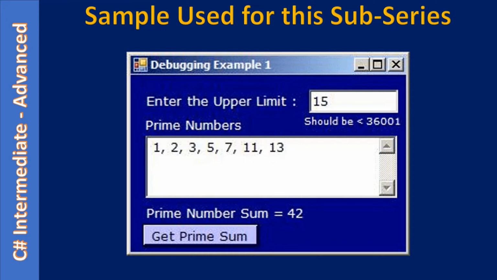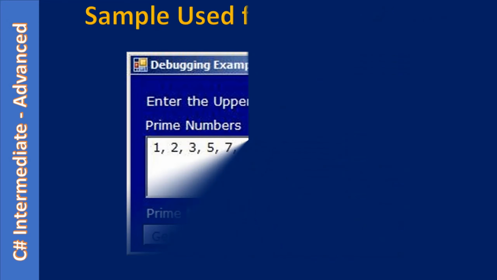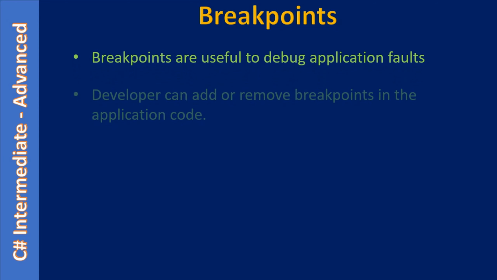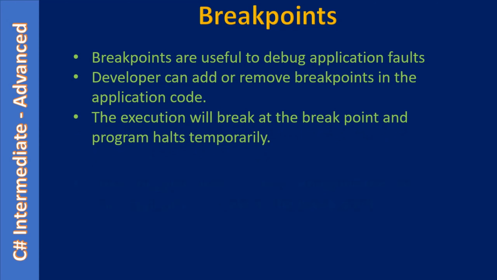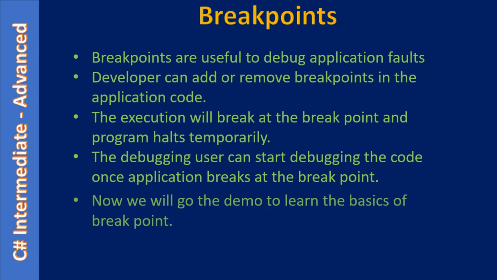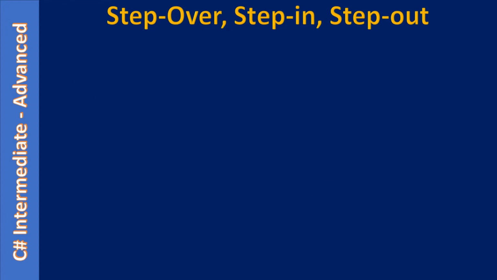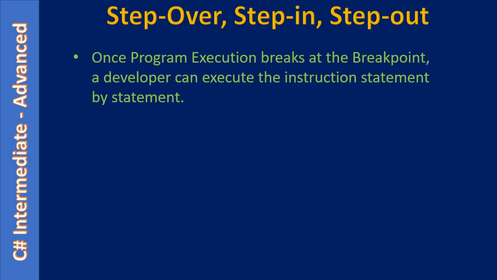These are all the slides from the previous video. Once program execution breaks at the breakpoint, as we saw in the previous video, a developer can execute the instructions statement by statement.